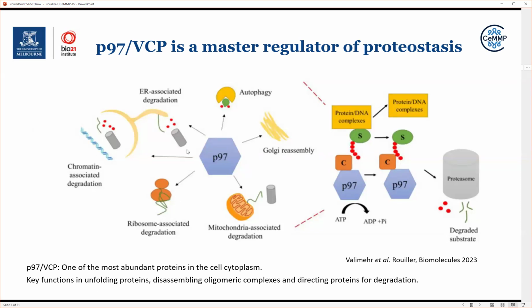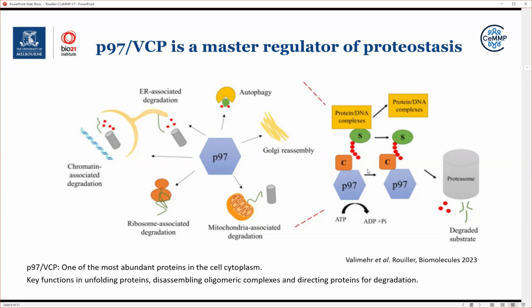And the multitude of functions has been associated with the property of VCP to unfold proteins and disassemble protein complexes, be they protein or protein-DNA complexes.